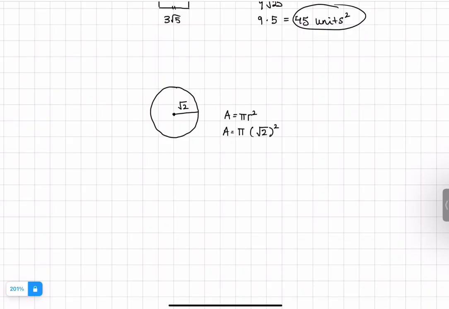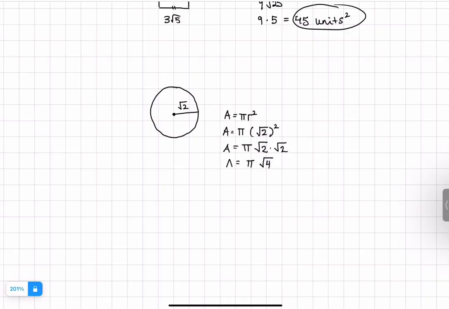Root 2 squared is the same thing as saying root 2 times root 2. Pi equals area. Root 2 times root 2, we're multiplying things within a radical with themselves, equals root 4.